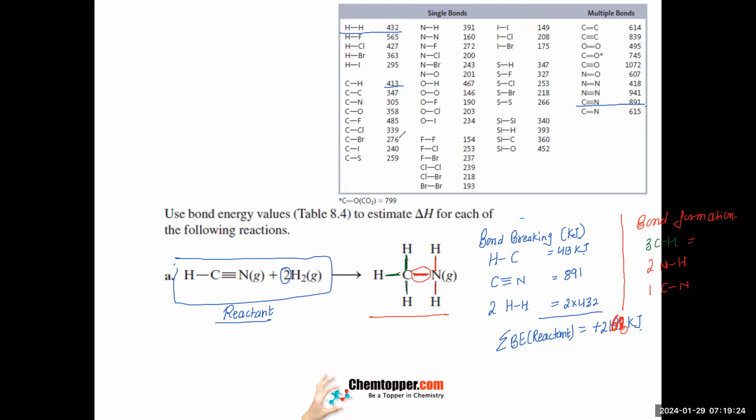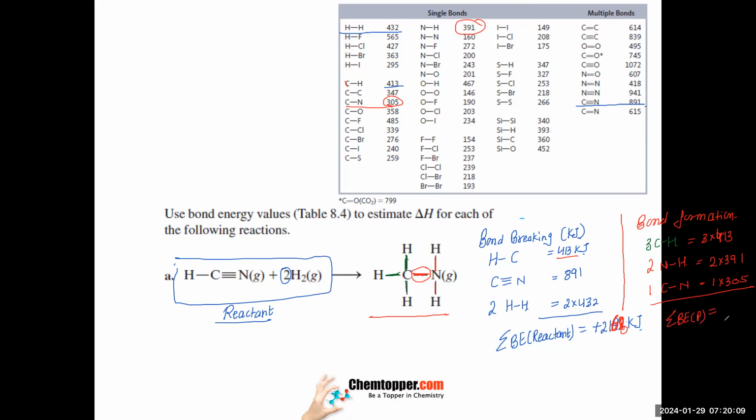Now pick up the values from the table. Carbon hydrogen bonds, same: 3 times 413. 2 times nitrogen hydrogen, 391. Carbon nitrogen must be here. No, it is here somewhere. These are carbon bonds. It is 1 time 305. Add all these enthalpies. These are the ones which are released. This is the summation of bond enthalpies of the products.